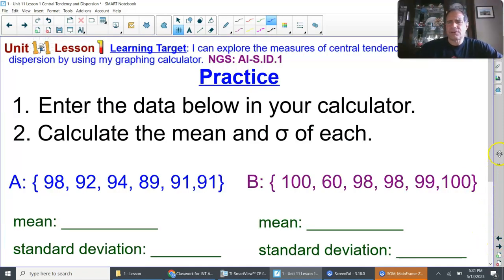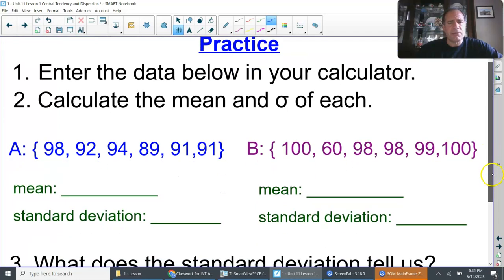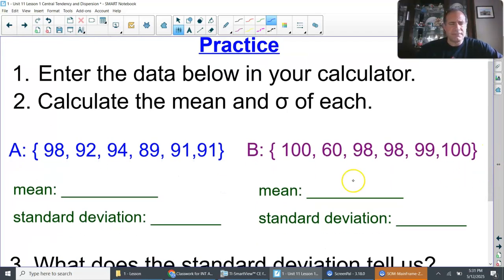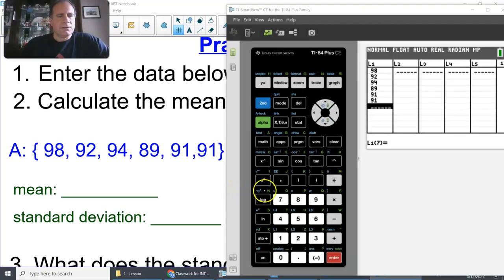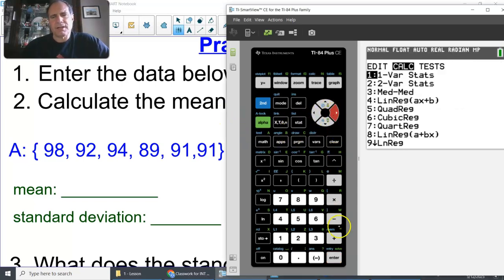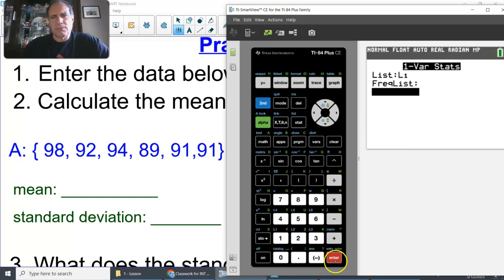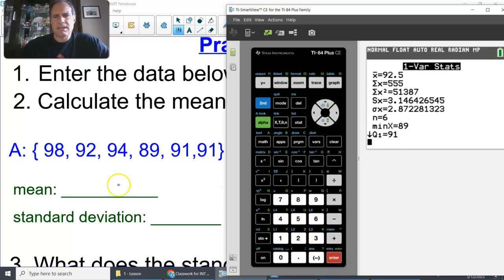And now we're just going to practice and calculate the mean and standard deviation of each. So I put these numbers into the calculator here, and now I'm going to press Stat, go over to Calc, and leave it on 1-Var Stats. We're going to press Enter 3 times, and the mean is the x with the line on top. So x-bar equals 92.5. And the standard deviation is 2.87.